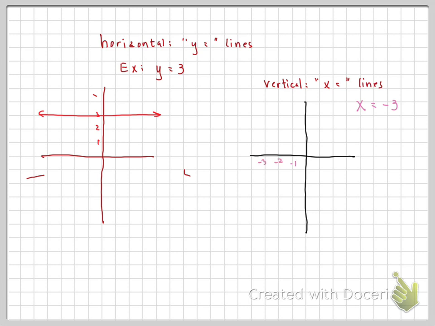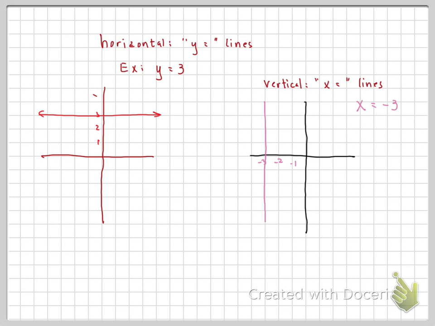Right here. There's -3. And we will draw a vertical line through -3, the x value of -3. So that's the next example, is just a reminder of how to graph.